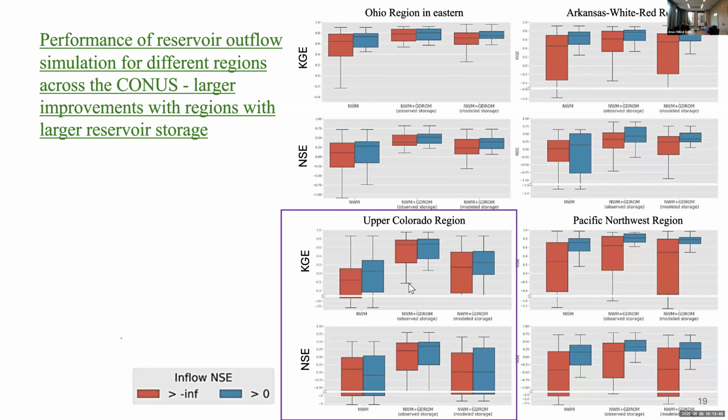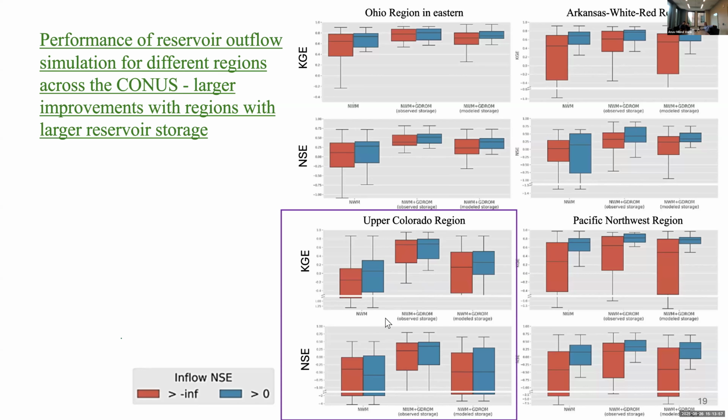For some regions with high reservoir storage, like the Upper Colorado region, the NWM plus GDROM with observed storage could have much better performance.